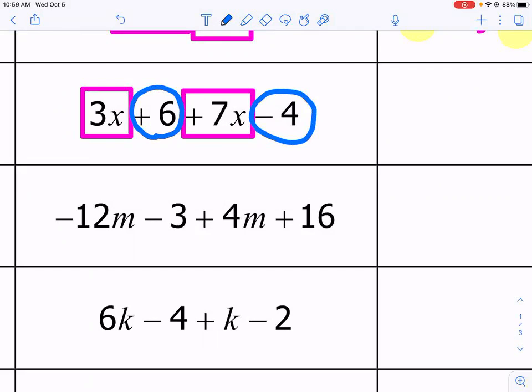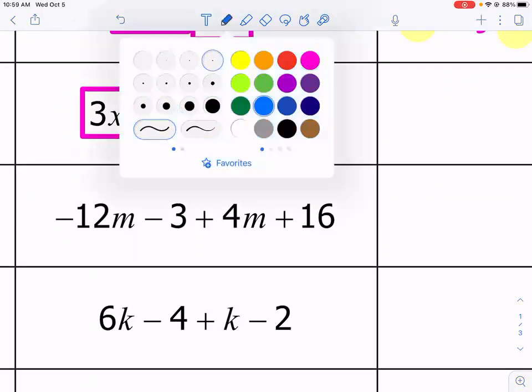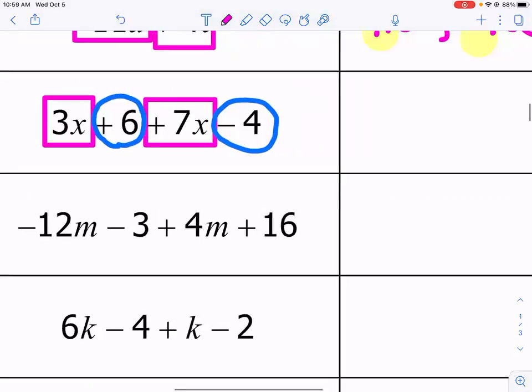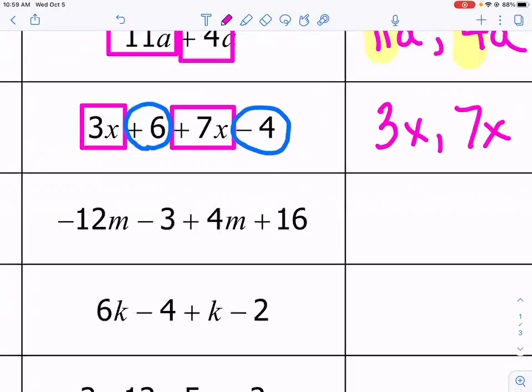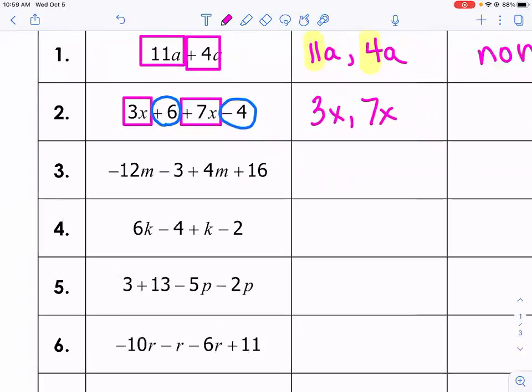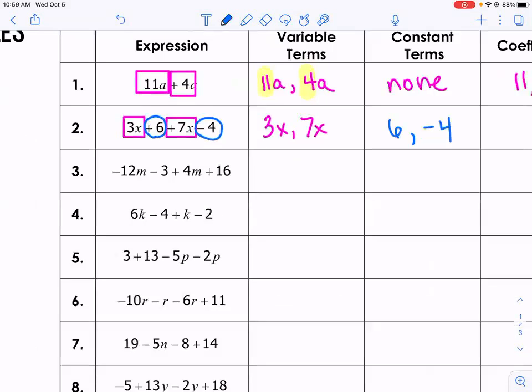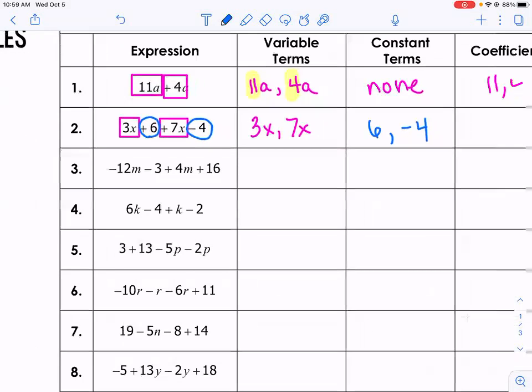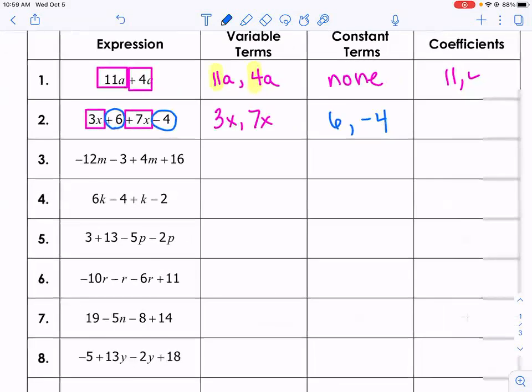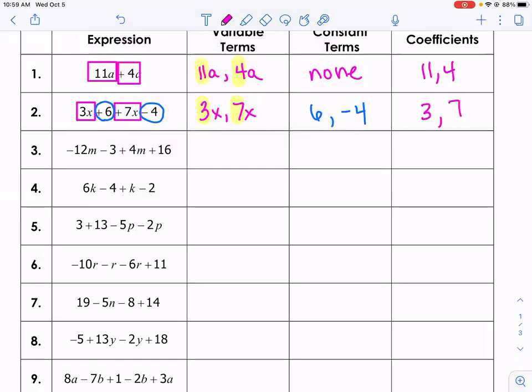So our variable terms are 3x and 7x. And then our constants are a +6 and a -4. Ryan, which ones are our coefficients? Okay, but if I ask you for the coefficient, I only want you to tell me 3 and 7.